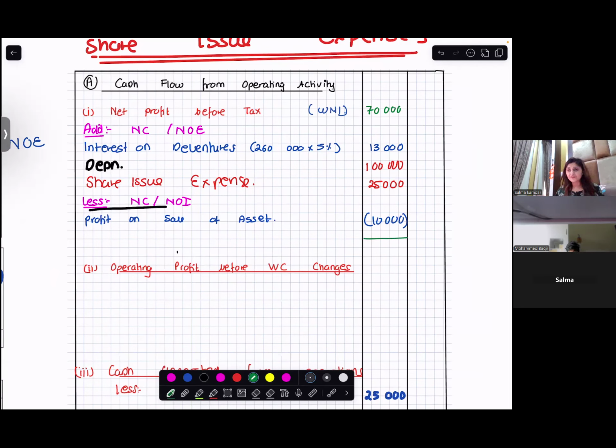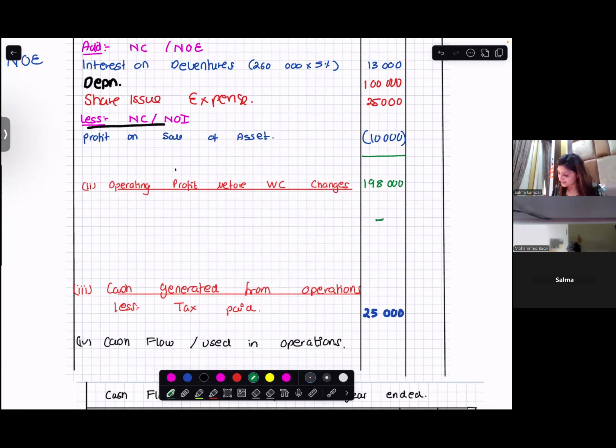If I use my calculator, I have 70,000 plus 13,000 plus 1 lakh plus 25,000 minus 10,000. So I have 198,000, right? This is before working capital changes. Is there any working capital changes? No working capital changes. So I will get 198,000.